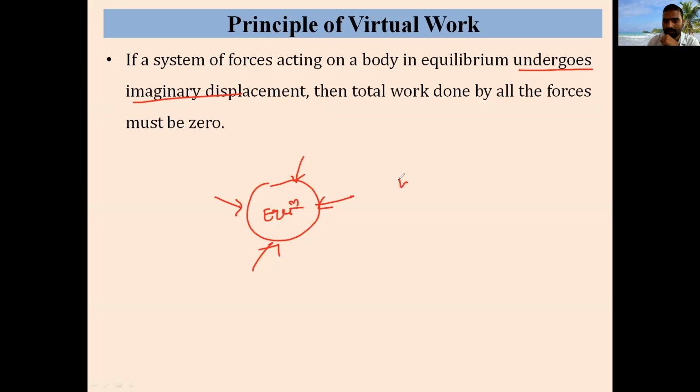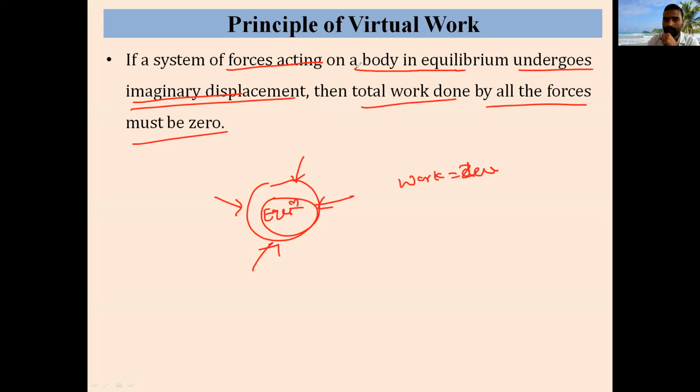Then the total work done by all the forces must be equal to zero because the body is in equilibrium. The principle of virtual work means if the system of forces acting on a body in equilibrium undergoes an imaginary displacement, then the total work done by all the forces must be equal to zero.